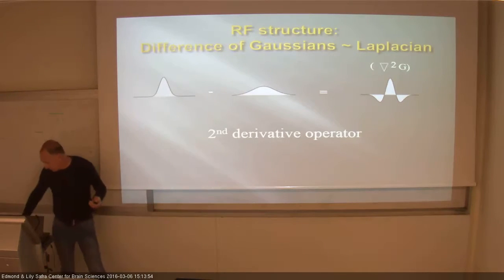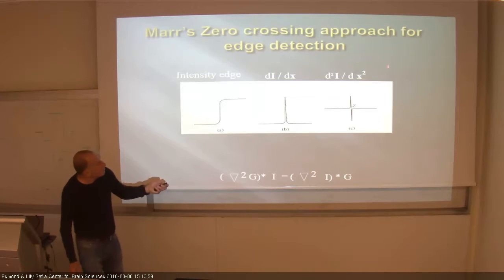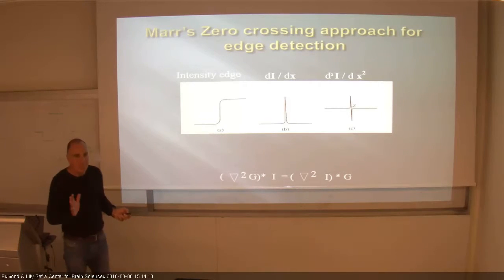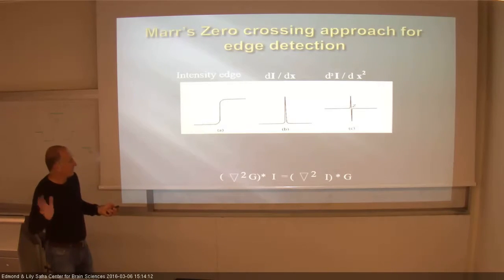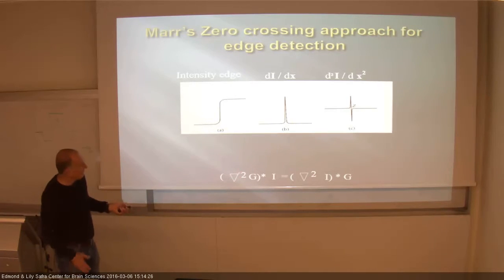Remember, what we want to do is look for the second derivative of the image, where there's a change in the image, an edge, which corresponds to a zero crossing in the second derivative. And this is just for the ones who are mathematically initiated: this triangle here is simply a second derivative in 2D.